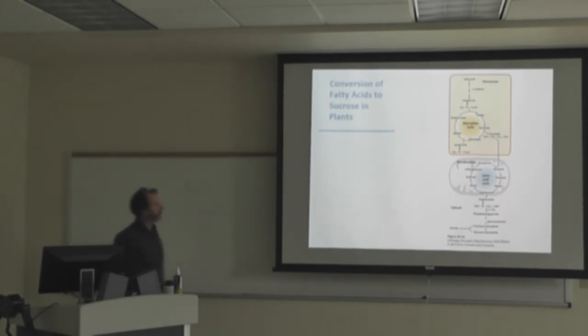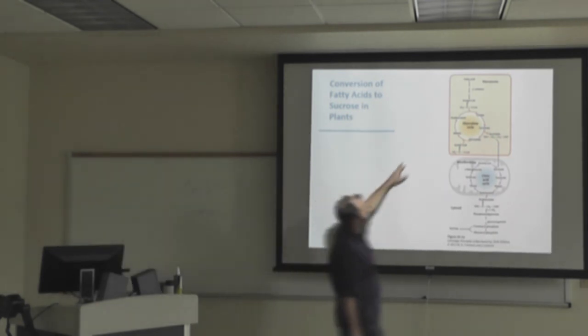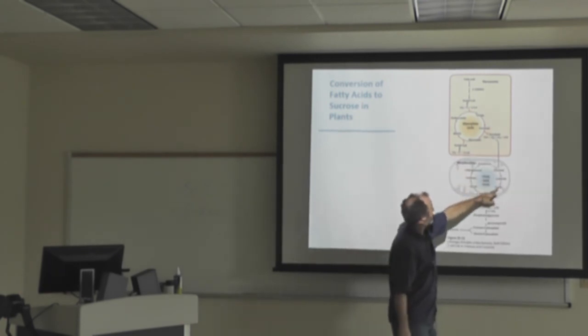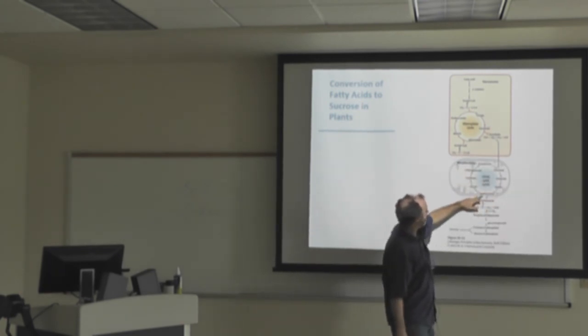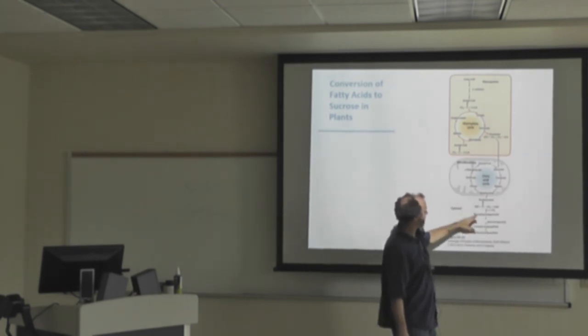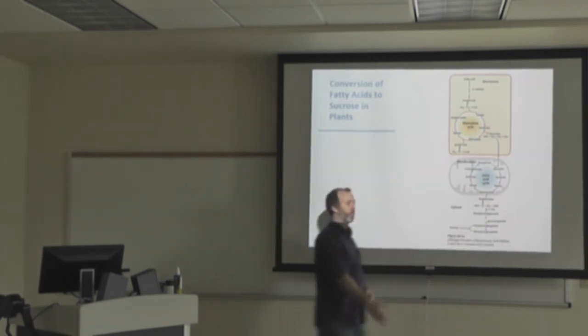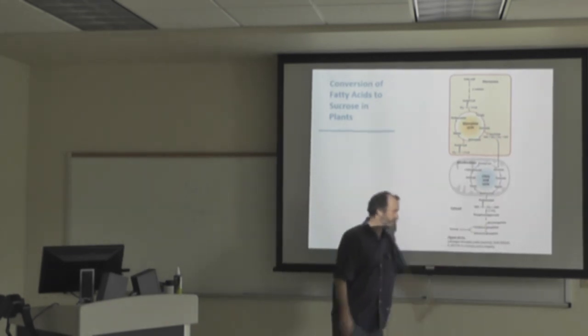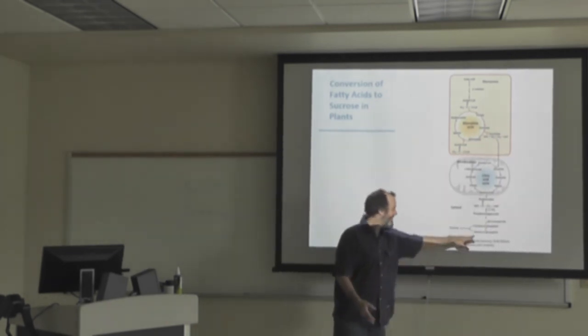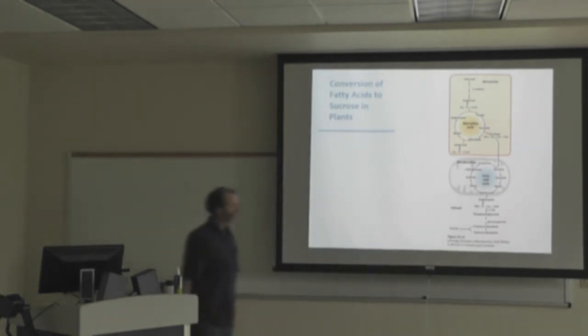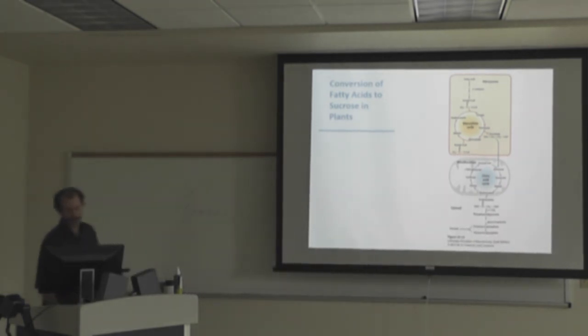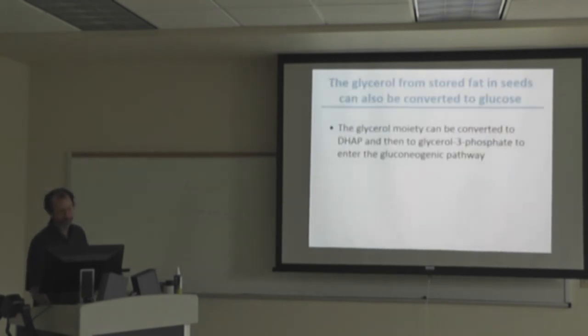So the glyoxylate cycle produces succinate, which goes in the mitochondria to produce oxaloacetate, and oxaloacetate decarboxylates to phosphoenolpyruvate, and then that just follows normal gluconeogenesis to produce glucose 6-phosphate, or glucose ultimately, which can be combined with fructose 6-phosphate to form sucrose.